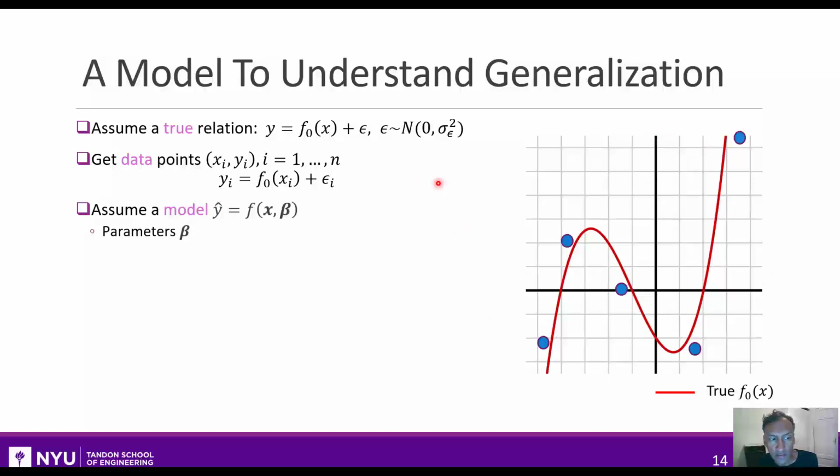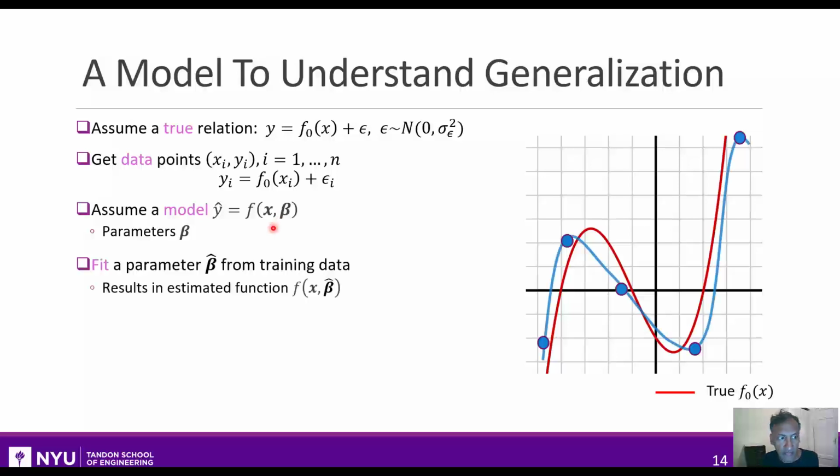So to do this, let's say you have a model. And the model says, okay, for every x, I'm going to make a prediction, f of x, and call that y hat. And this function will depend on some parameters. For example, if it was a polynomial, these would be the coefficients. And then, from the training data, I somehow fit beta hat from that data.